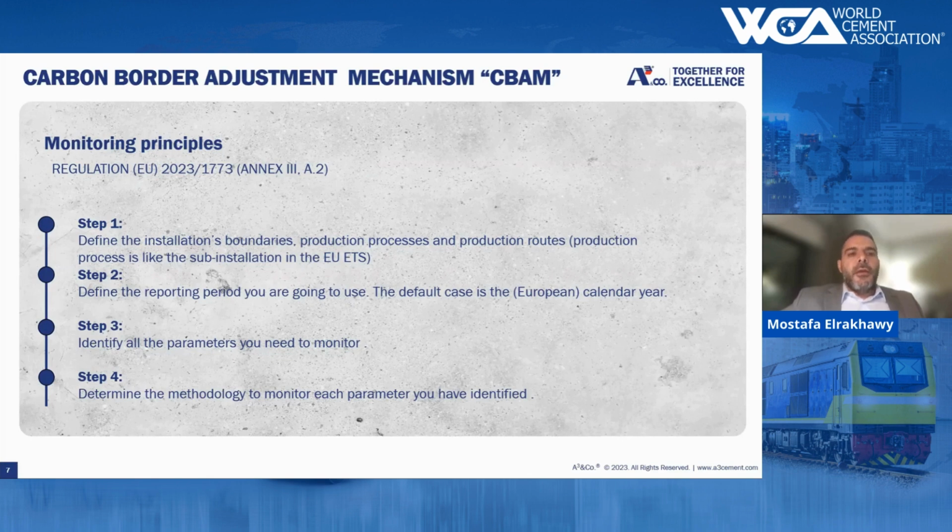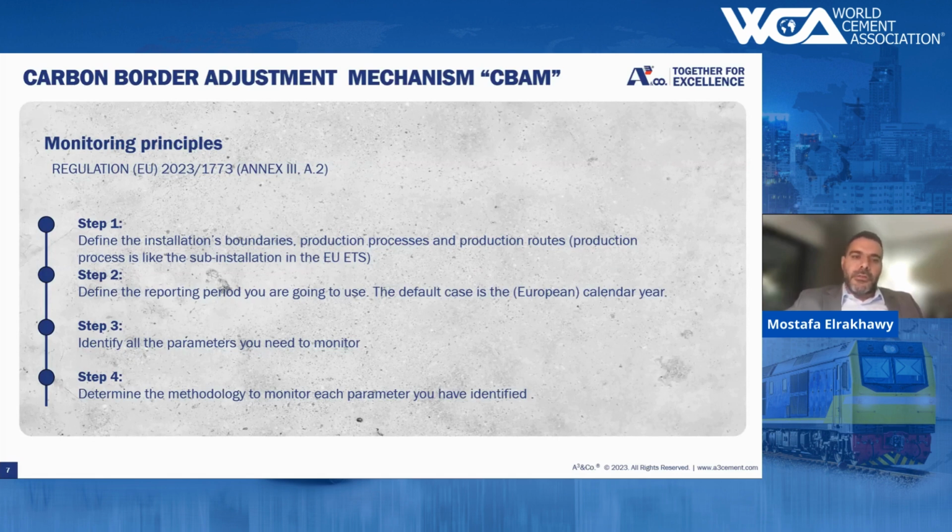The first step is to define the installation boundaries and the production processes and production routes of the cement plant. The second step is to define the reporting period. The third step is to identify all the parameters you need to monitor these emissions. And the last step is to determine the methodology to monitor each parameter that has been identified.